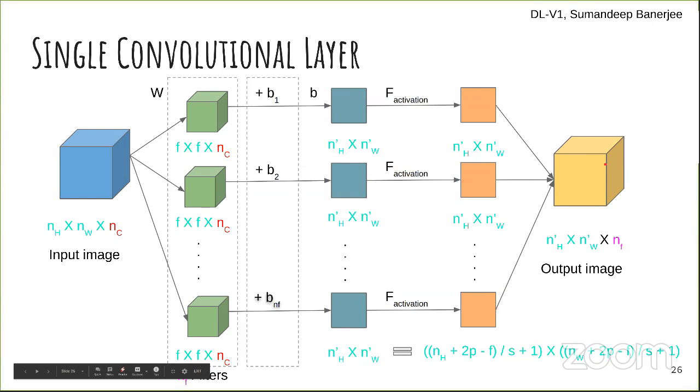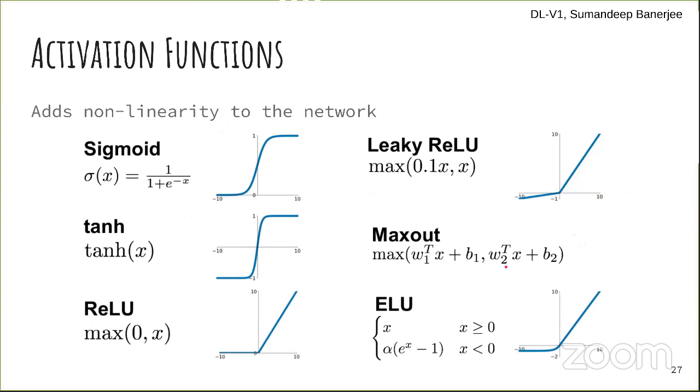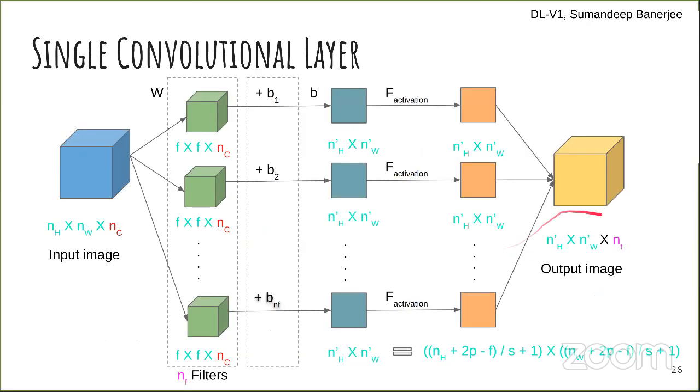So the final output is a stack of nf layers. The final output of the whole convolution plus activation step is nh dash cross nw dash into nf. And the funny thing is, for the input image, if it's a color image, then nc is 3 channels, and the structure of the output is very similar to what it was in the input.